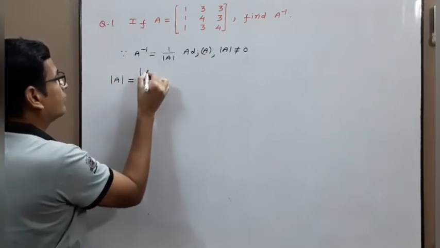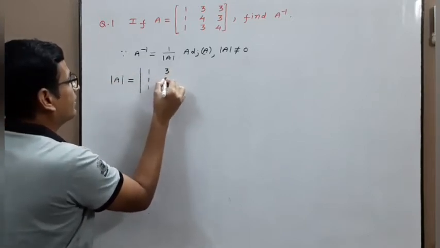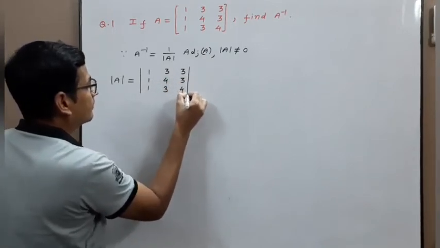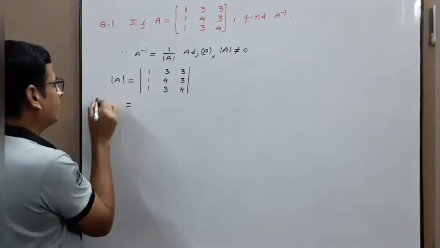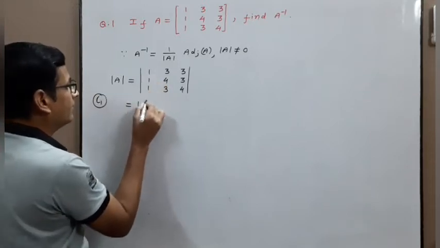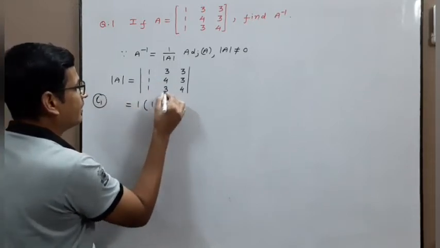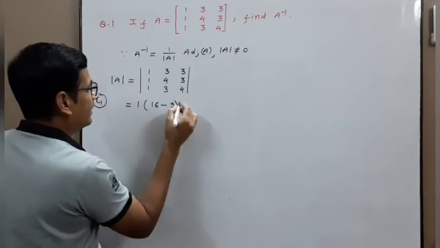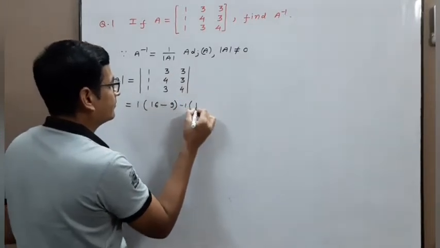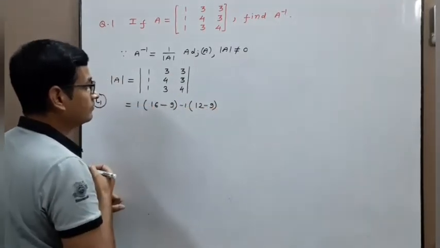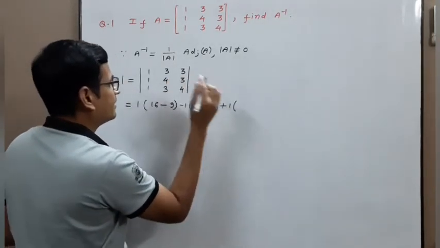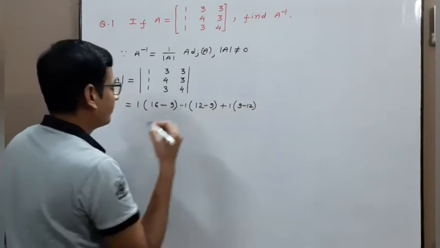So first find determinant. Determinant A equal to 1 1 1, 3 4 3, 3 3 4, expanding along column 1. So 1 in bracket 4 4s are 16 minus 9, then minus 1 into 12 minus 9, then plus 1 into 9 minus 12.